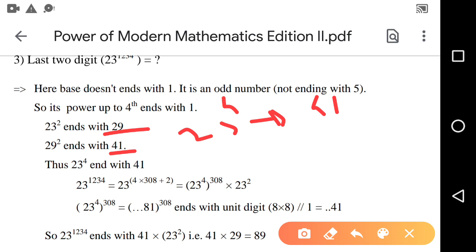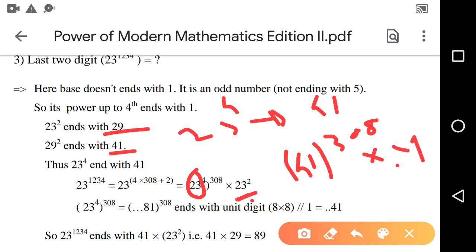So this is replaced by 41, now raised to 308, and 23 square is 529, meaning the ending two digits are 29.